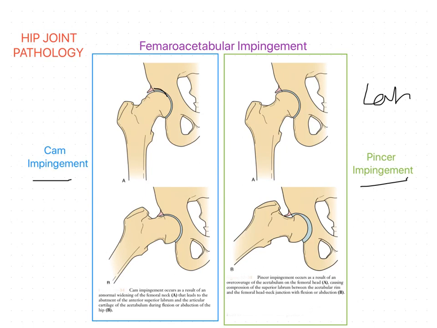Cam impingement is thought to originate from what is described as pistol grip deformity of the femoral head and neck. The deformity is likened to a pistol grip: the femoral neck fails to taper as the femoral head merges laterally into the femoral neck.